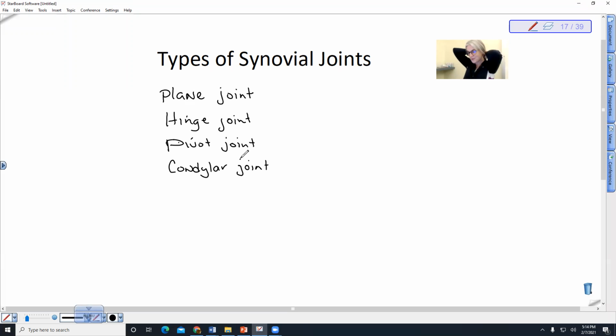So the jaw would be an example of the condylar joint. And then we have the saddle joints. There are saddle joints in your hand, and specifically, the saddle joint is in the thumb. And we have the ball and socket.